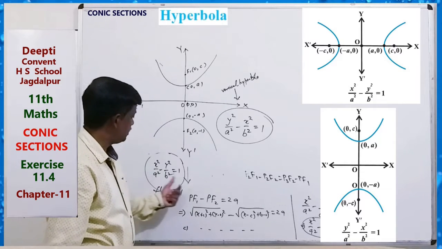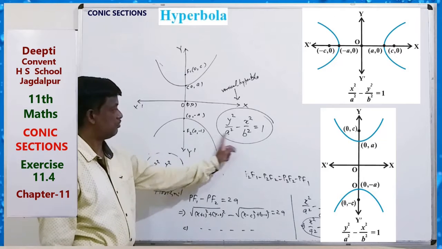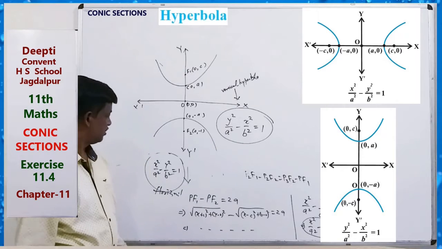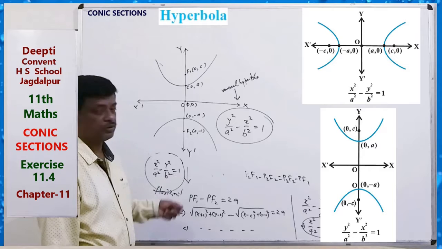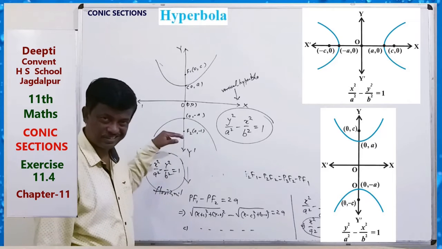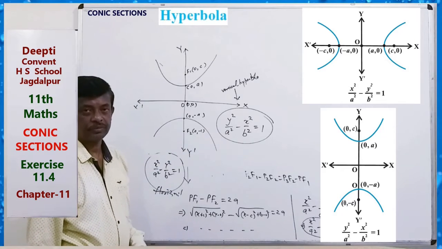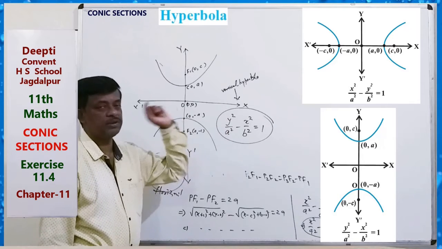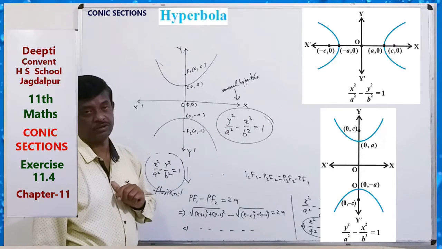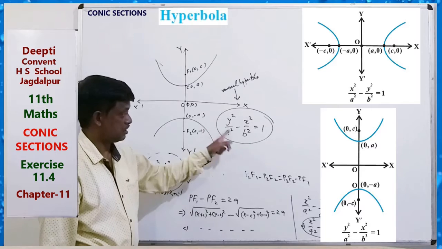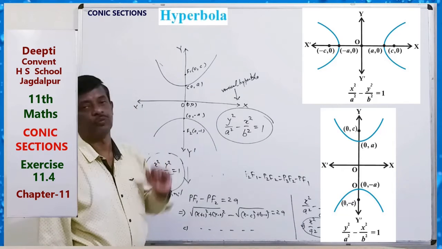Here the sequence of a and b is the same. x square by a square minus y square by b square equals 1 means the transverse axis is on the x-axis. And y square by a square minus x square by b square equals 1 means the transverse axis is along the y-axis.